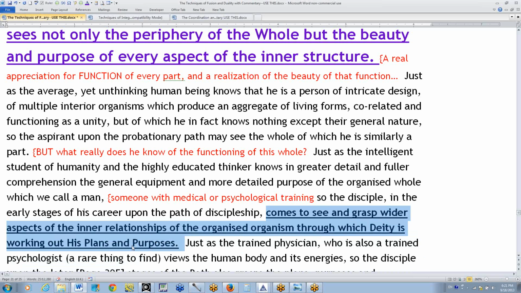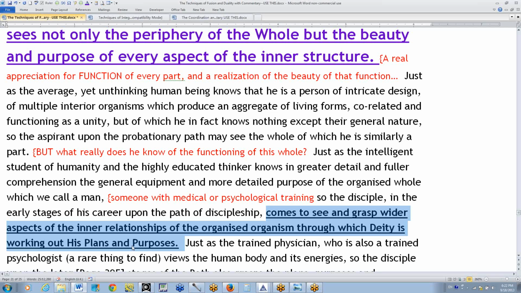So he's talking about the grasp of the wholeness, or man's wholeness, let's say, in the average unthinking person, but yet who is enough educated to know that there is complexity to his nature, and the aspirant who knows a bit more about the wholeness in which he's engaged. And then we have, let's say, the medical or psychology practitioner who knows rather more than does the average man about the functioning of that unity, that mechanism we call man.